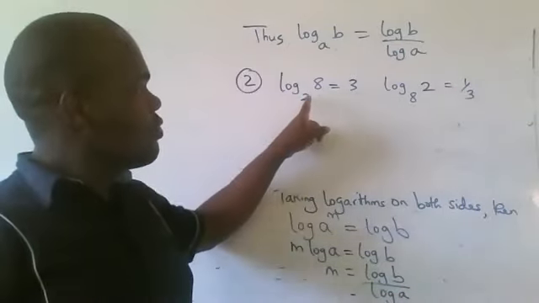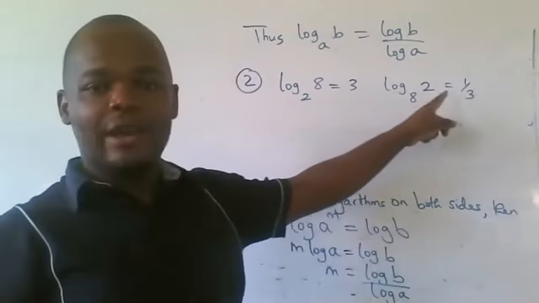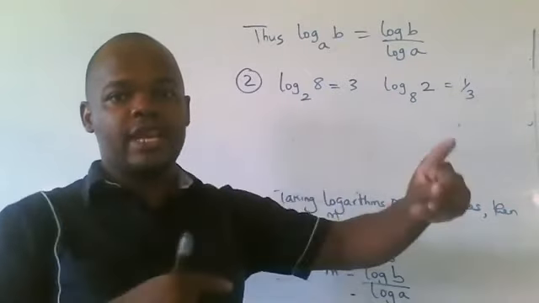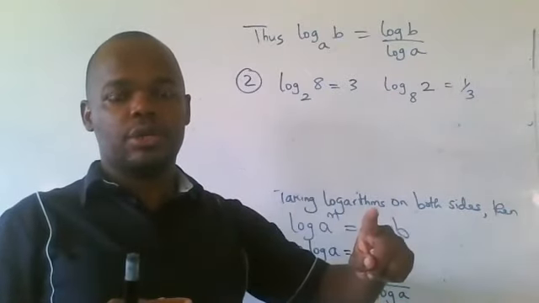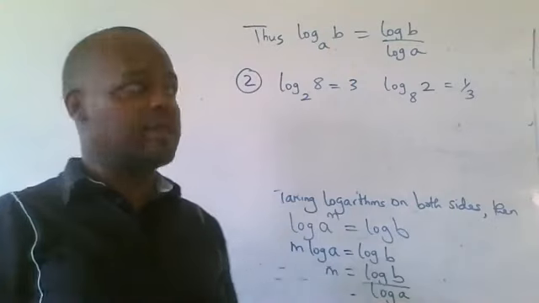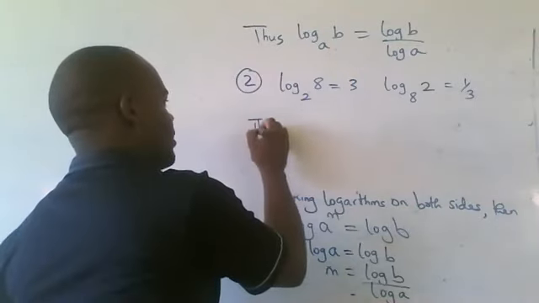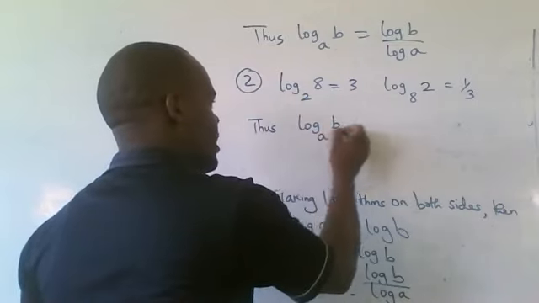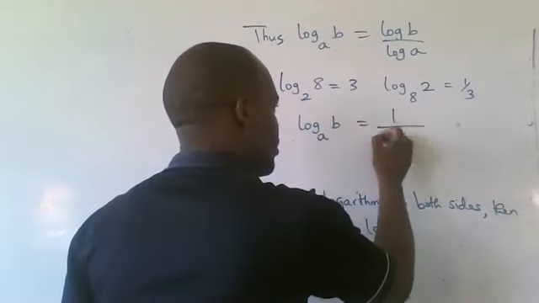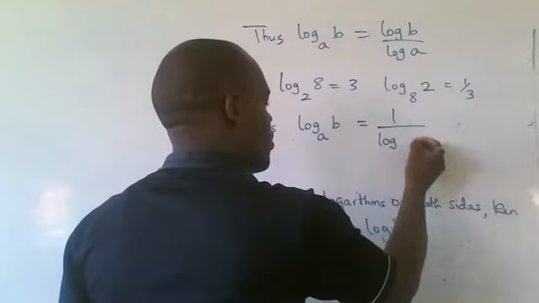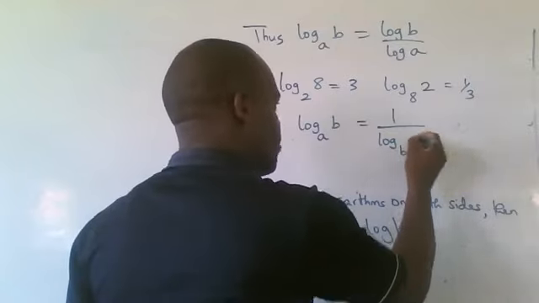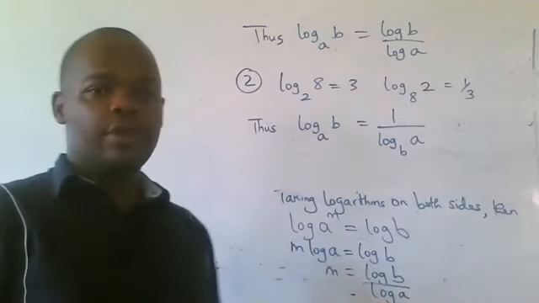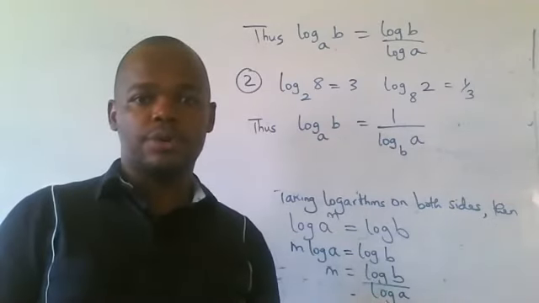So log 8 to base 2 is 3, and log 2 to base 8 is a third. So when I interchange, I get the reciprocal. Thus, log B to base A is the reciprocal of log A to base B. So that is the other formula you have to take note of.